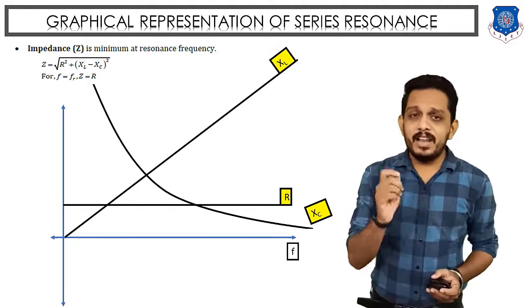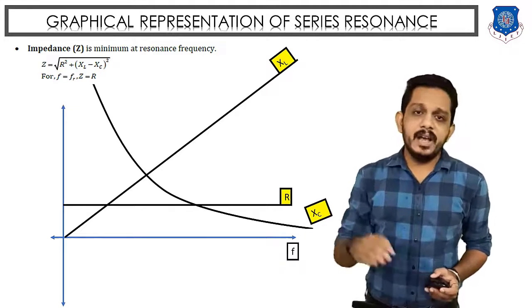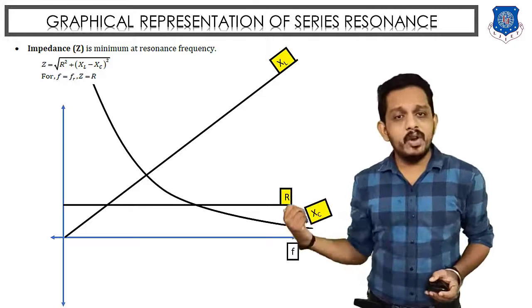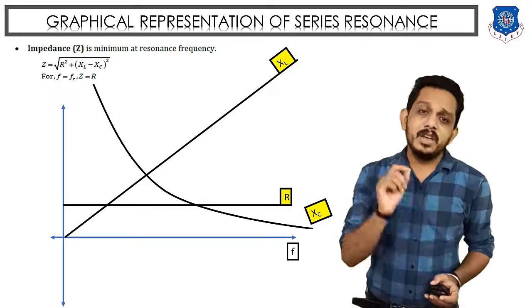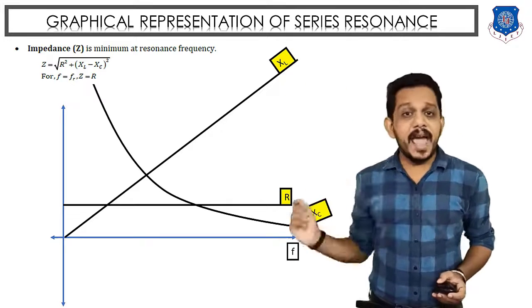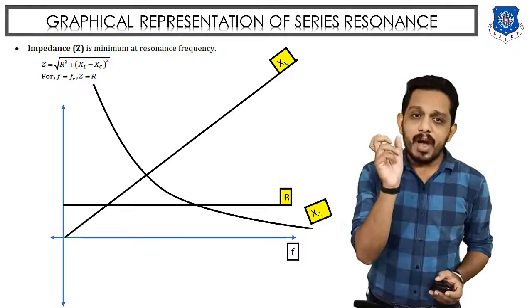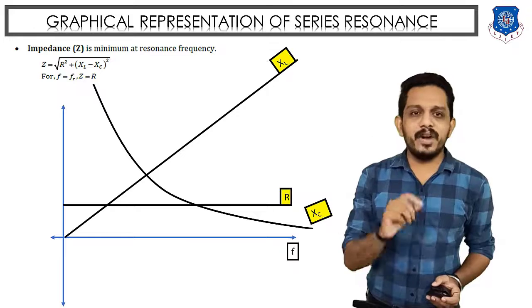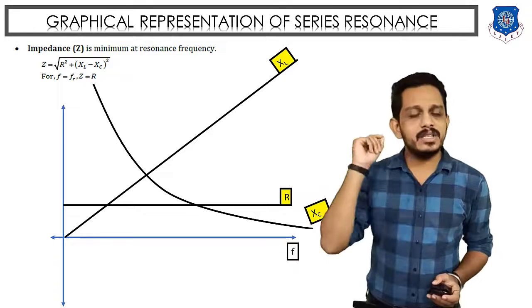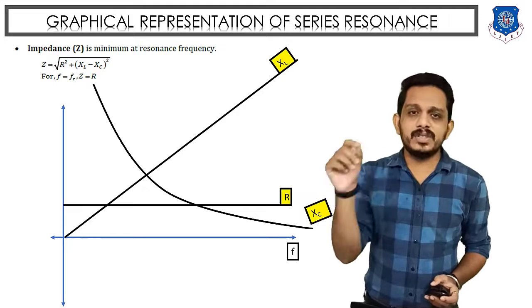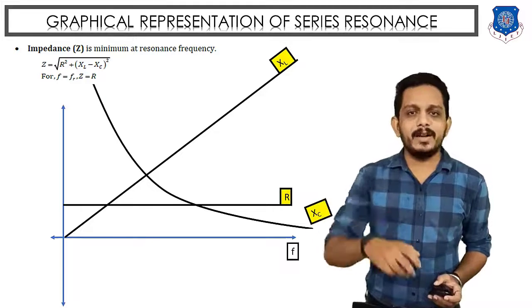For example, if XC has the value 100 and is decreasing, and XL has the value 0 and is increasing, then at some moment XC will decrease to 50 and XL will increase to 50. So at this point XL and XC have the same value, and this point is nothing but our resonance point. So the graph of Z will have the value Z equals R at that point.